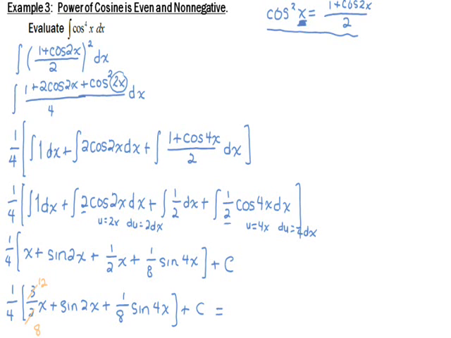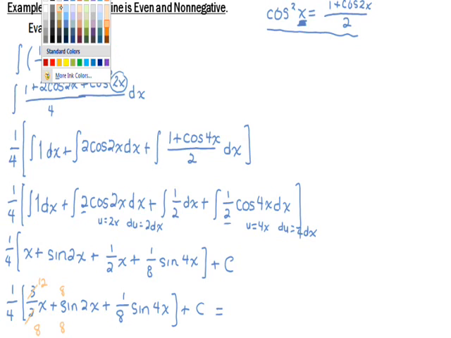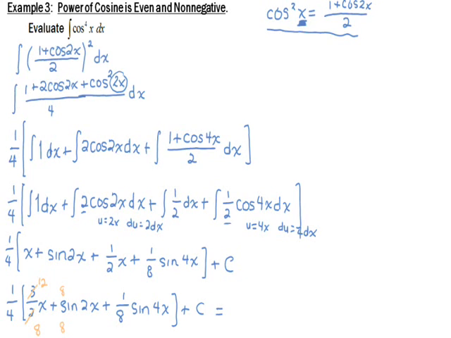And this sine of 2x would have a numerator of 8 and a denominator of 8, and we would not have to touch this sine of 4x since it has our denominator of 8. Now with that in mind, you can see that 8 denominator is consistent among the 3 terms in the brackets, so we could factor out a 1/8, which would give us a 1/32 in front.